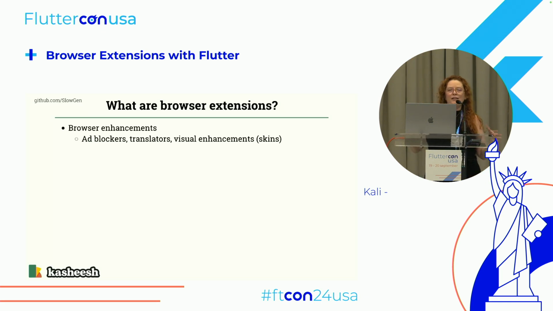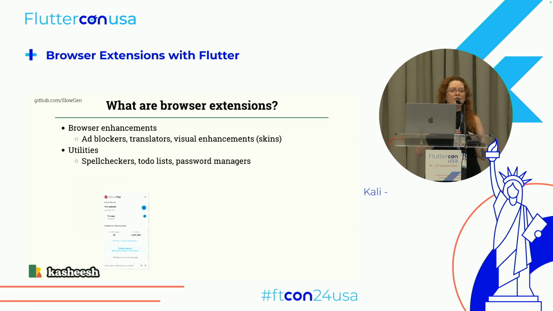So there's basically three different types of browser extensions. Browser enhancements, so these are things that make the browser itself change or how it appears to you. An example is AdBlock Plus. I think a lot of people, if they have any sort of extension, usually AdBlock Plus is a good starter there. Utilities, these are things that the user does that helps them do a job.